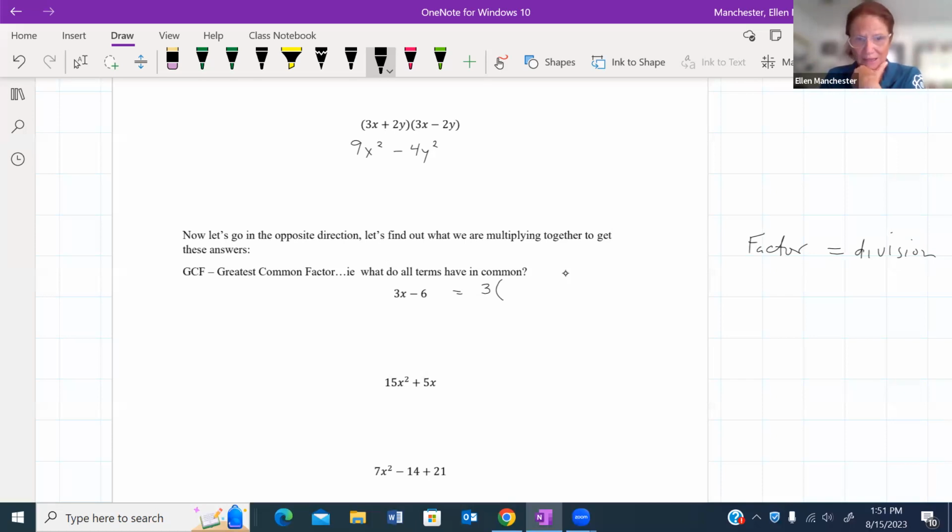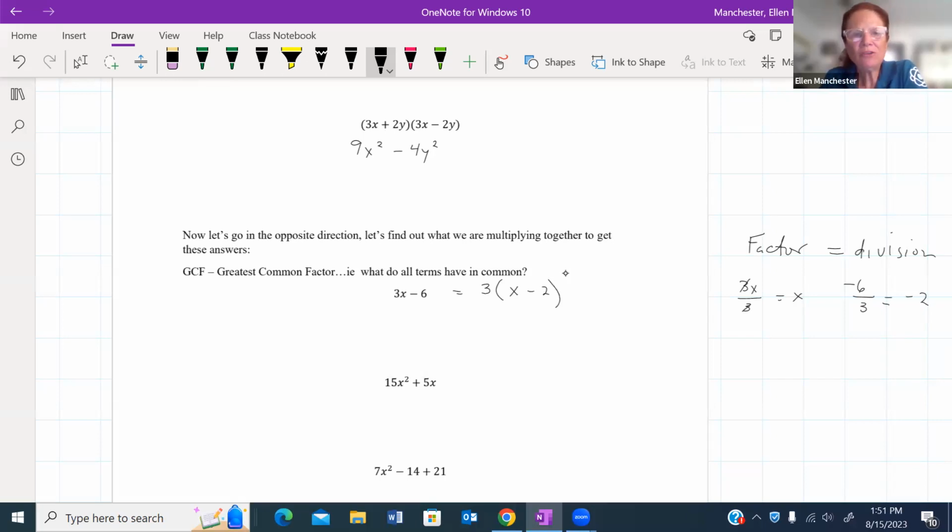So when I take 3x divided by 3, all that does is it gives me an x left. Let me show you. 3x divided by 3, the 3's cancel, so all I have left is x. What about negative 6 divided by 3? I end up with a negative 2.